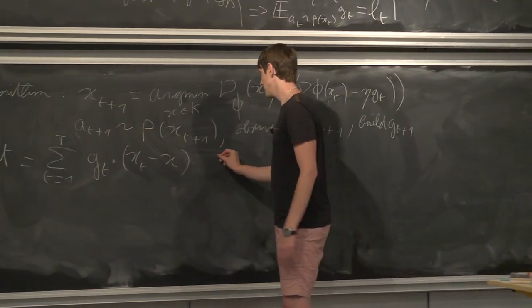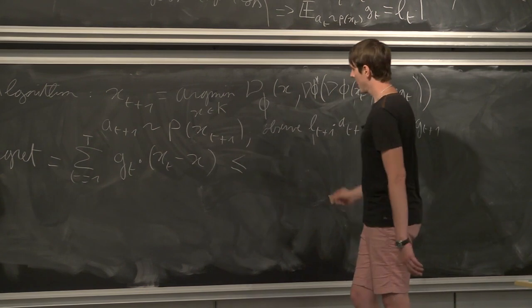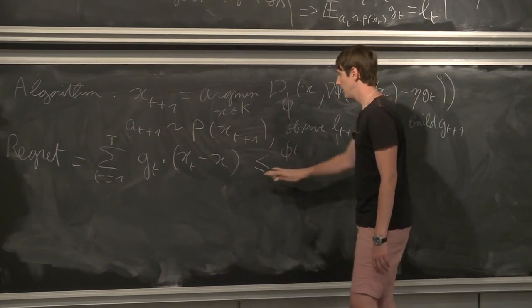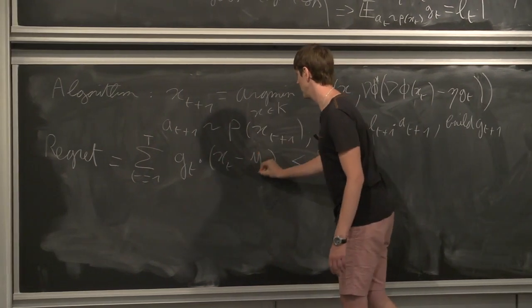And what was it? This is bounded by 2 terms. So we get phi of, I called it y so far, so let me stay with y.